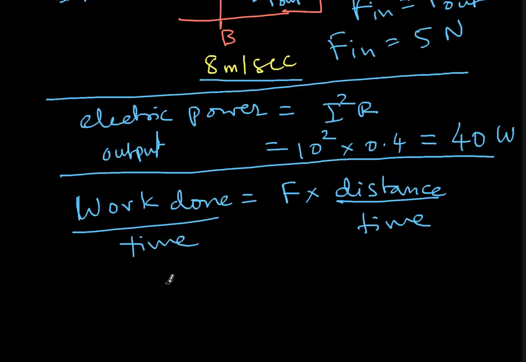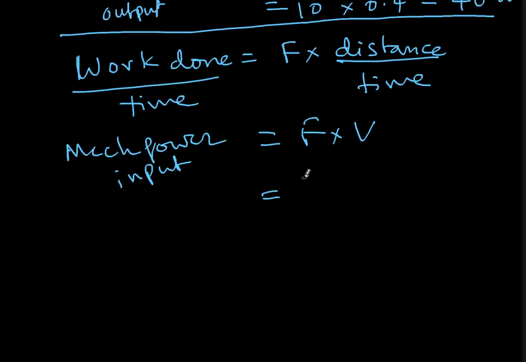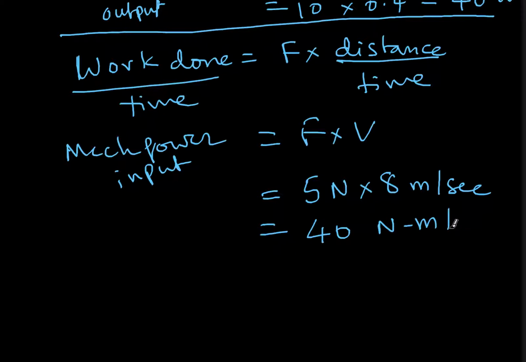So this is mechanical power input. Force into distance by time is velocity. I know force is 5 newtons and velocity is 8 meters per second. So 5 into 8 is 40 Newton meters per second. So this is the mechanical input power.